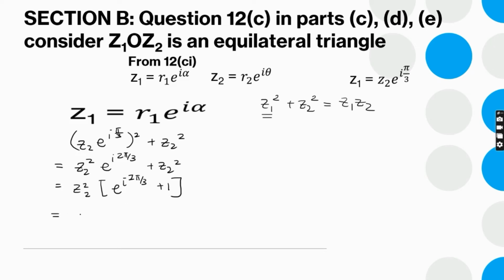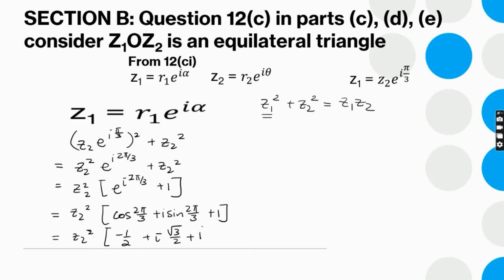I'm going to simplify this by expressing e^(i 2pi/3) in modulus argument form. So that gives me cosine 2pi/3 plus i sine 2pi/3 plus 1. Let me simplify and represent the values in the bracket in Cartesian form. Cosine 2pi/3 is minus half. Then sine 2pi/3 is root 3 over 2, plus 1.